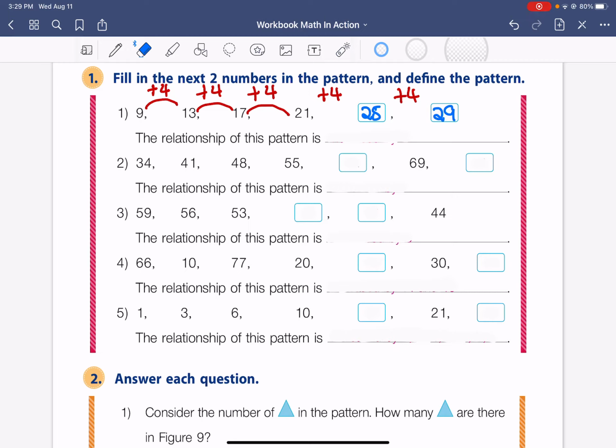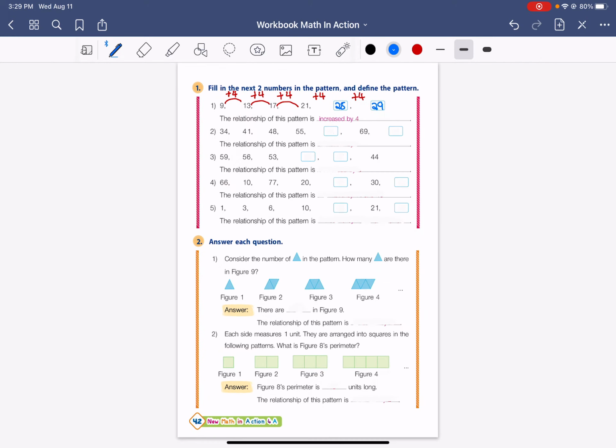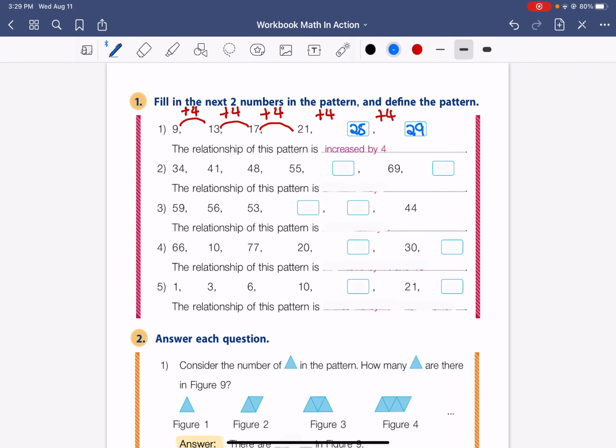The relationship of this pattern is increased by 4. Do you remember increase and decrease? Increase is going up, decrease is going down. So, next one.